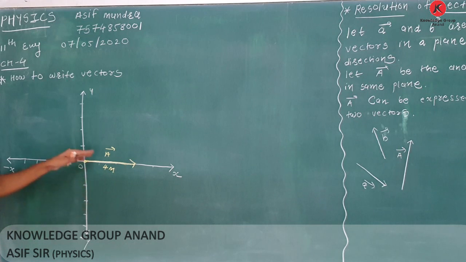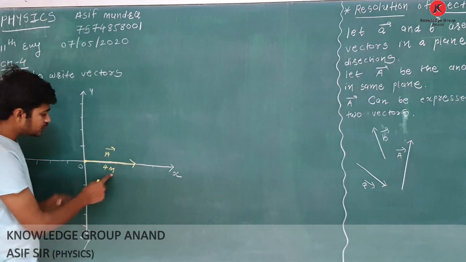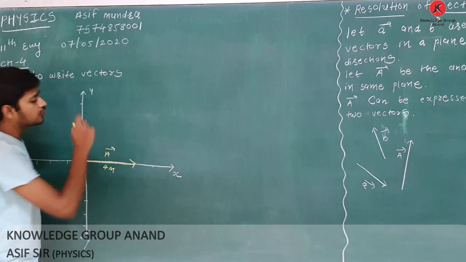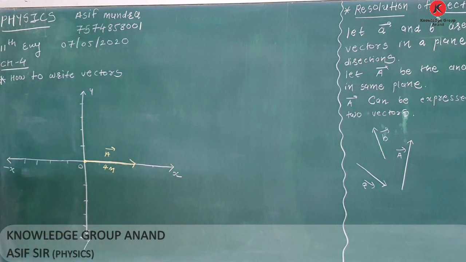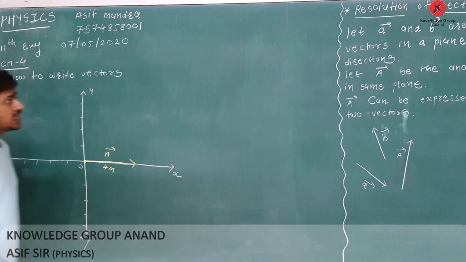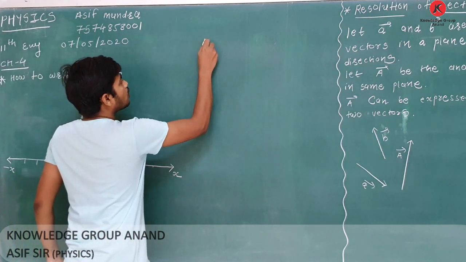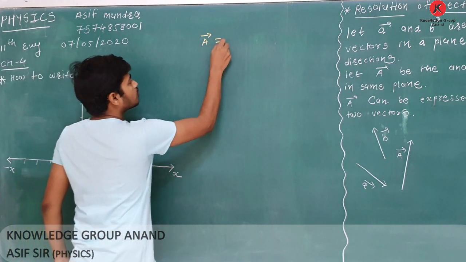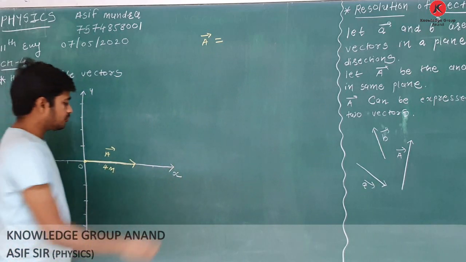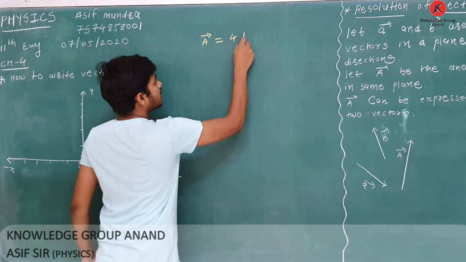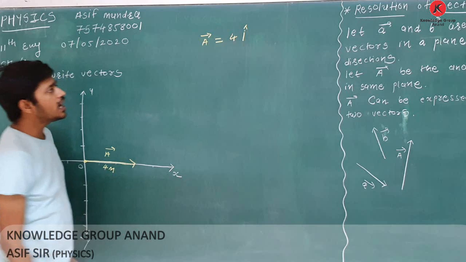Then how to write this vector A? Its length is 4 meter and it is in the positive x direction. Then how to write the vector? Vector A is equal to 4 i cap.